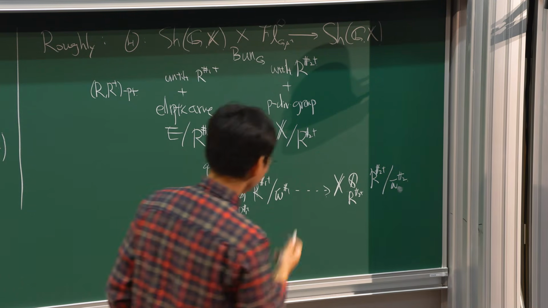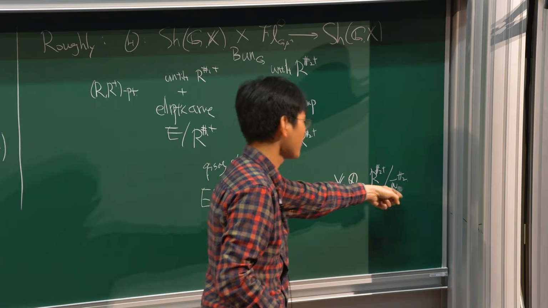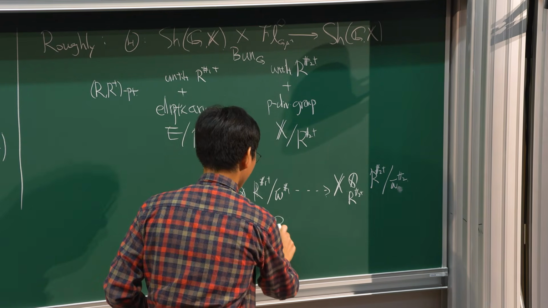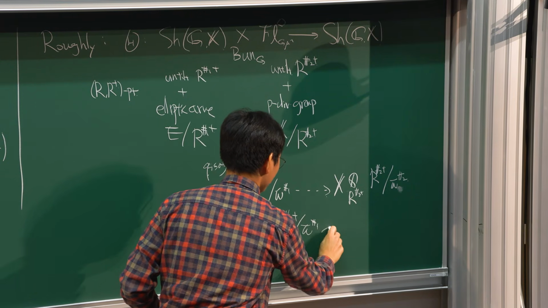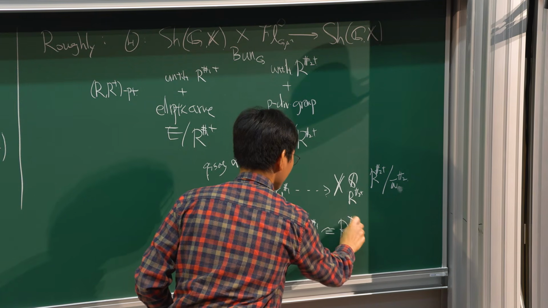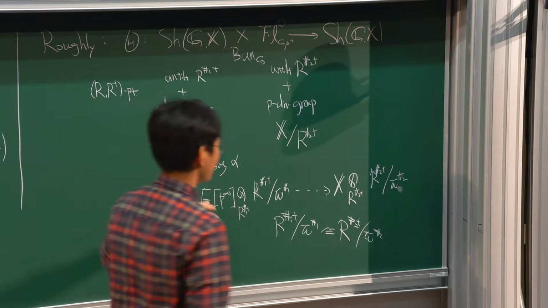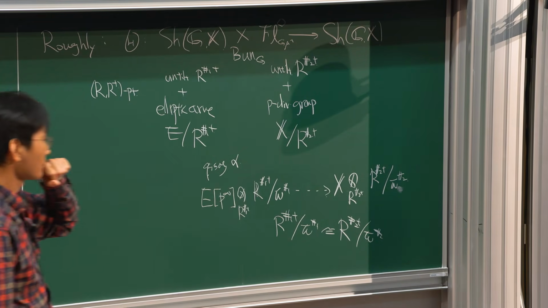And it turns out that even if I have two different untilts, I can choose uniformizers pi sharp 1 and pi sharp 2 such that R sharp 1 plus mod pi sharp 1 is isomorphic to R sharp 2 plus mod pi sharp 2. So this is really happening over the same ring, and then I have a quasi-isogeny over there.